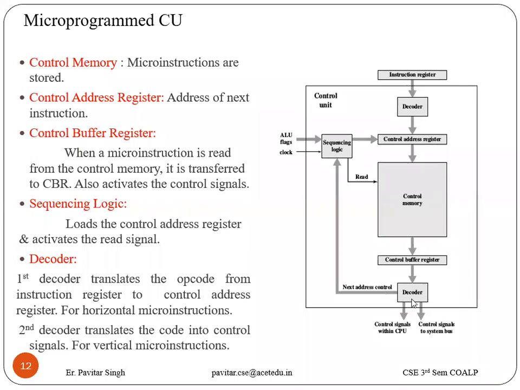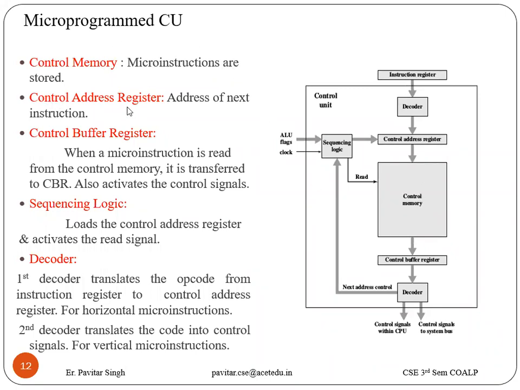One more decoder is used, right, which will help in the generation of control signals within the CPU and control signals to the system bus, right? So here sequencing logic will help you to give the next address control. So first of all, control memory. Micro instructions are stored in the control memory.